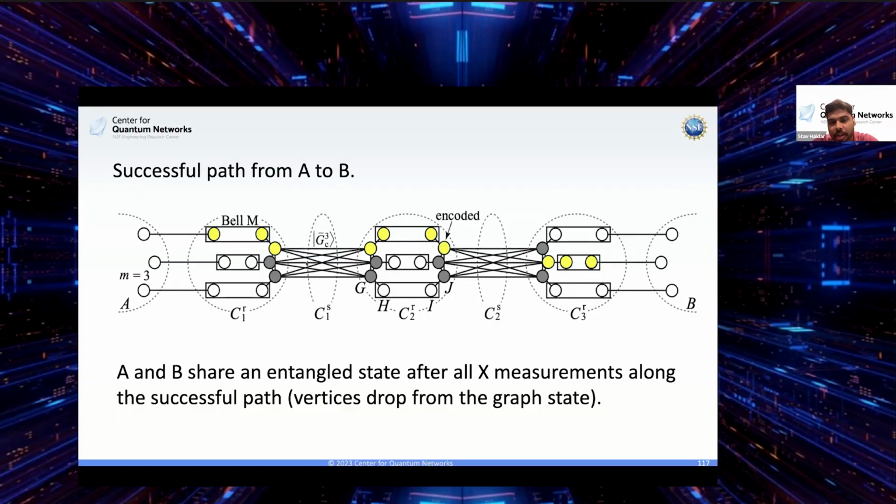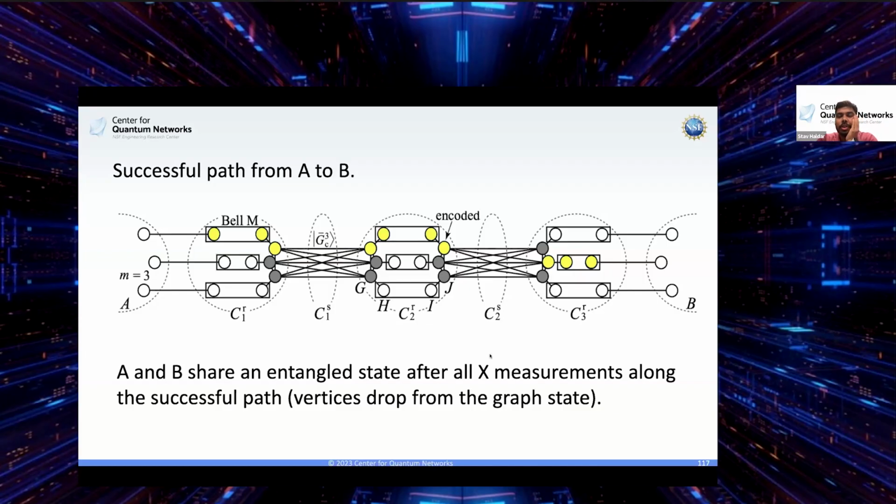So you do X measurements here. So if you get one yellow path from A to B, then you have, after doing the X measurement, an entangled state between A, which is the top qubit of A, and the middle qubit of B, for example, in this case. So the X measurements allow you to keep the edge, removing the vertices, but the Z completely removes the vertex as well as the edge, so it disconnects those parts of the graph state.